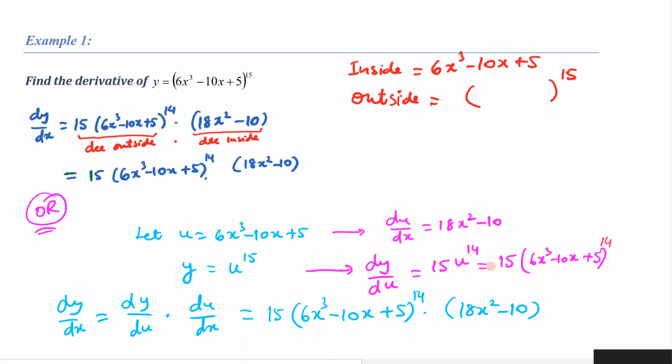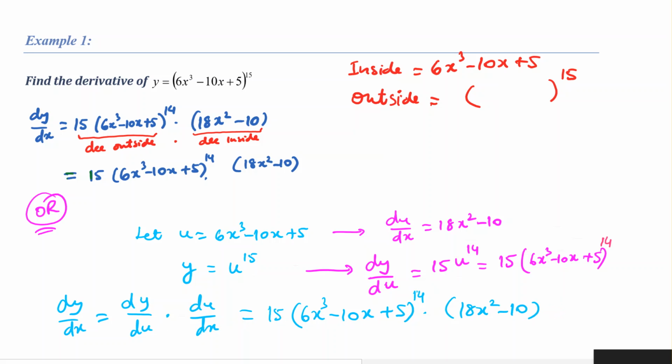I just plugged in the value of u, so I put everything back in terms of x here. And using the chain rule, we plug in the values in this formula: dy over du times du over dx. So simply put the values and you get your required derivative.